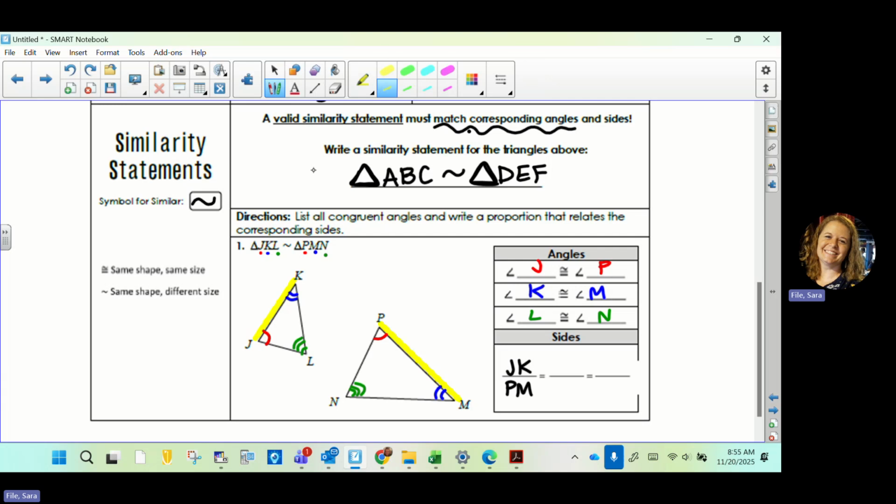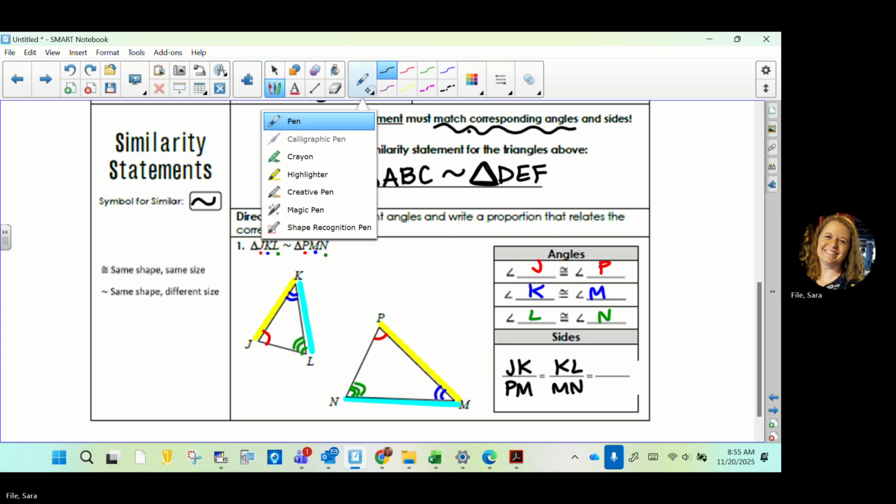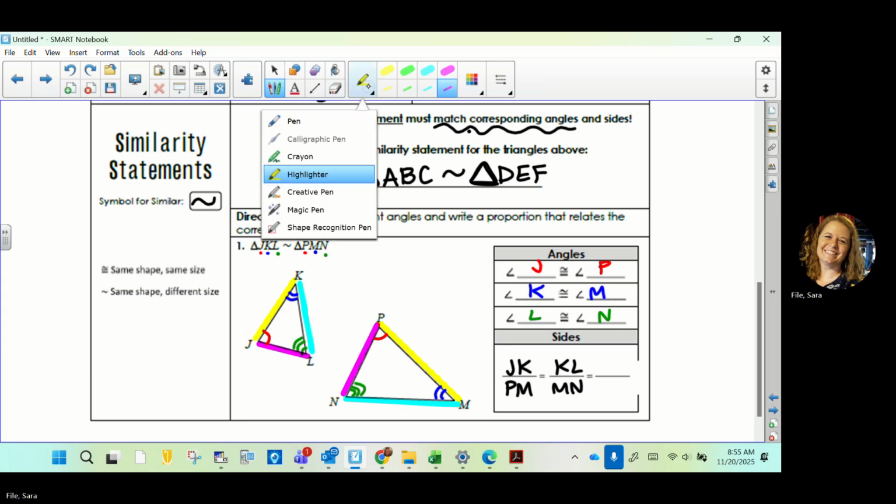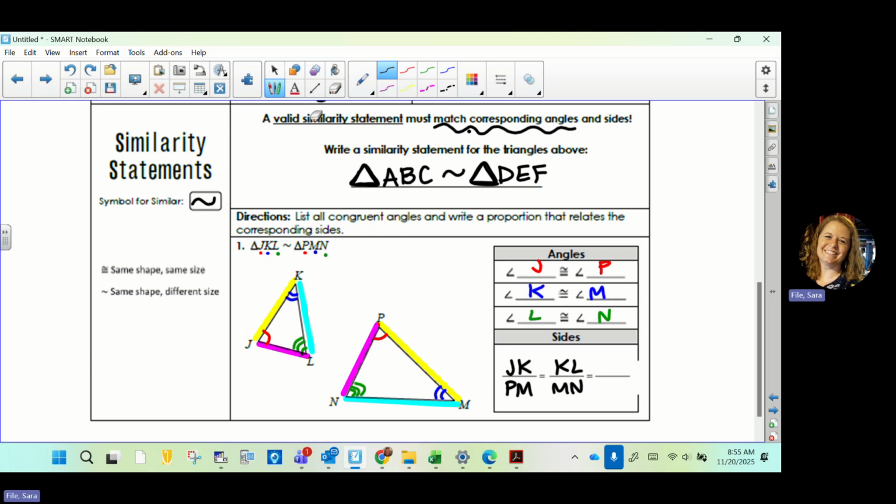And then I could do, okay, how about blue to green, blue to green. So that would be KL is to MN. And then, of course, you only have one left, but we'll go ahead and highlight it. Red to green, red to green. So that would be JL is to PN.